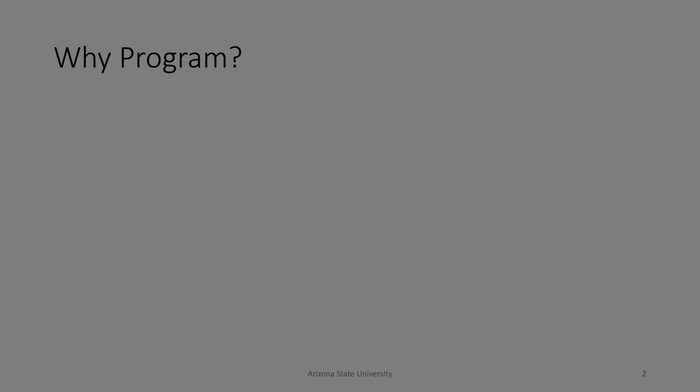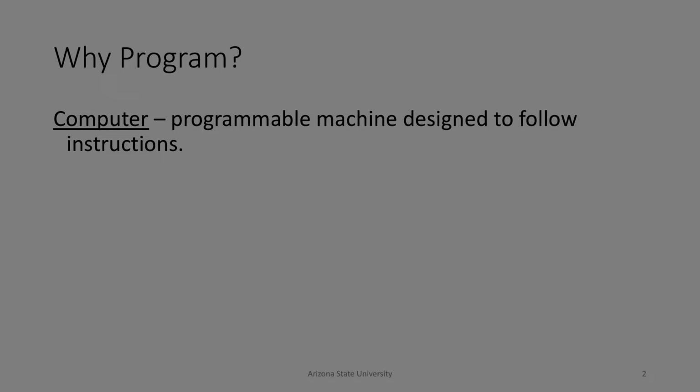So why do we program? Well, the computer itself is just a machine that you can program, that people have written many programs for, that just follows instructions. The computer is not smart at all. Many people are saying AI is going to take over the world or things like that. The computers that run them are just completely dumb in some sense. They just read instructions that are fed to them via some programmer, and then the computer just executes them blindly.